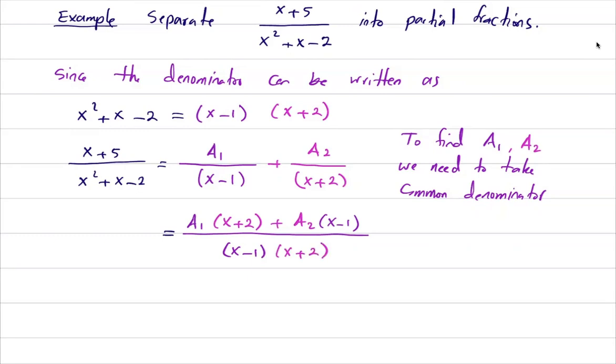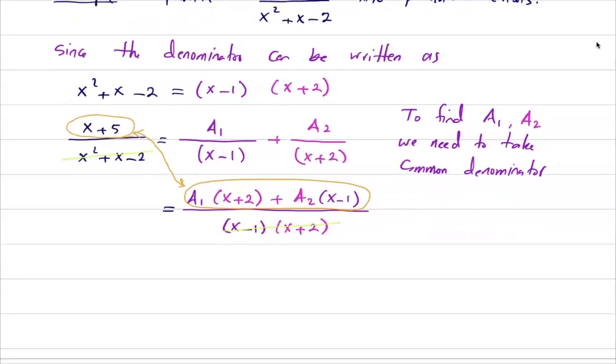But pay attention here. On the left-hand side, the denominator is x squared plus x minus 2. On the right-hand side, the denominator is the same. It's just a multiplication. So you only need to take the numerators and set them equal to each other. x plus 5 is equal to a sub 1 times x plus 2 plus a sub 2 times x minus 1, and identify the values for a1 and a2.